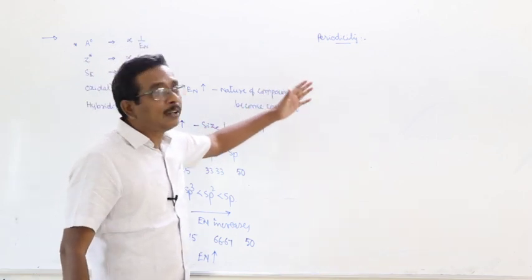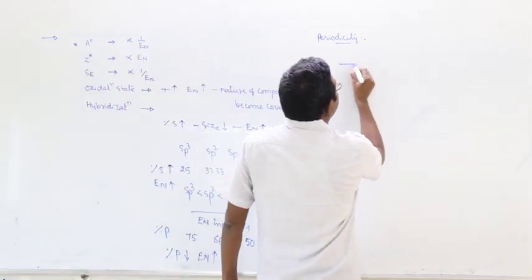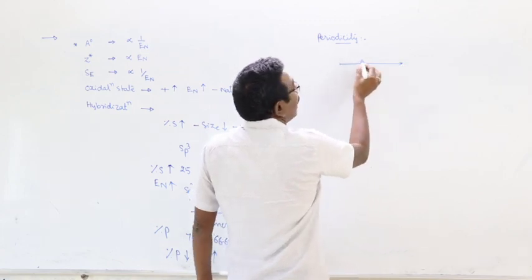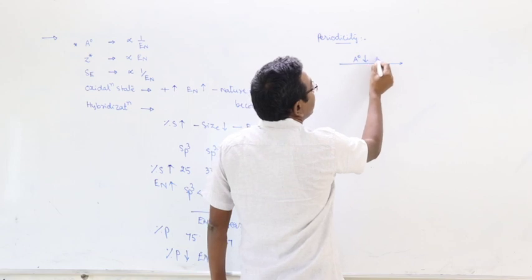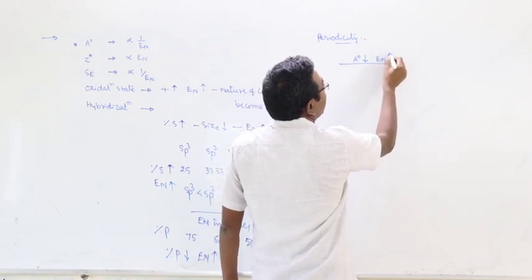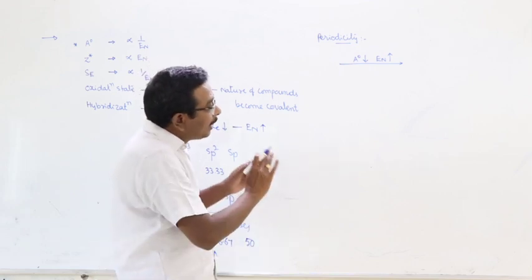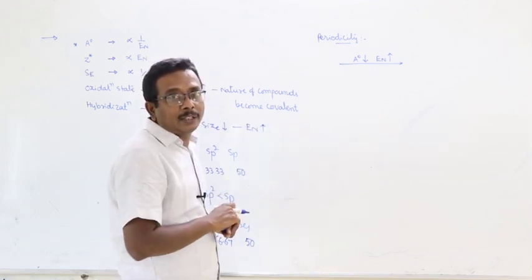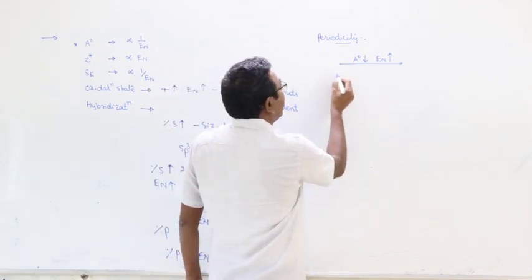Before that, we have to discuss about the periodicity. In a period, as we move from left to right, atomic radius decreases, electronegativity increases.